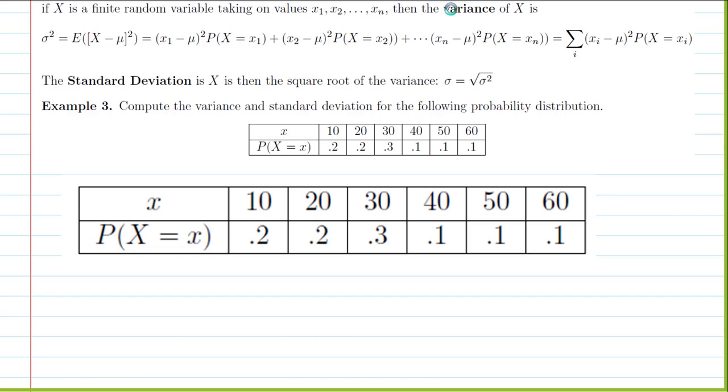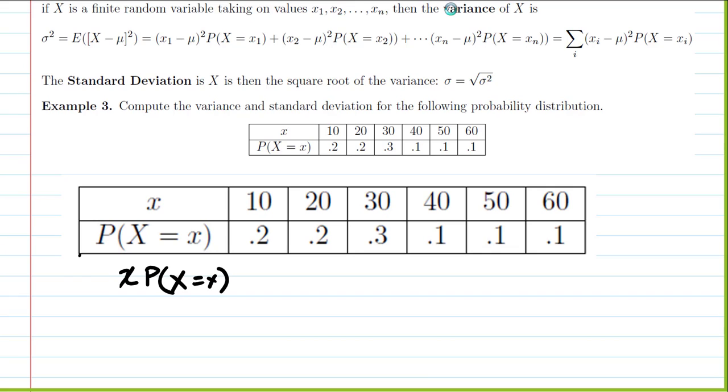Right, but that's for a data set. For a probability distribution, it's the expected value, which is the sum of the x times p of x, right? So we need to calculate x times the probability that x is equal to x.